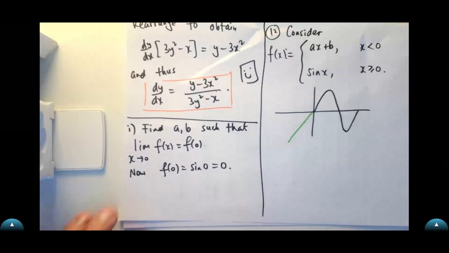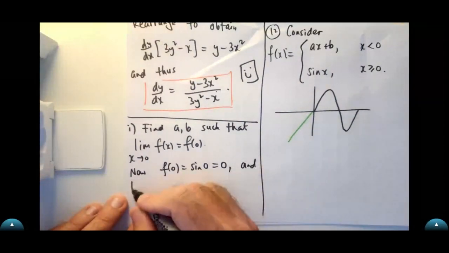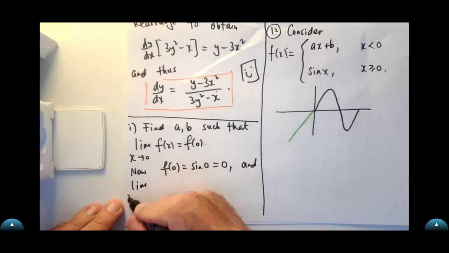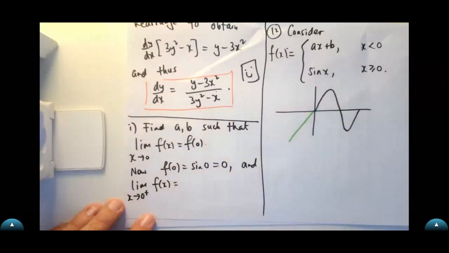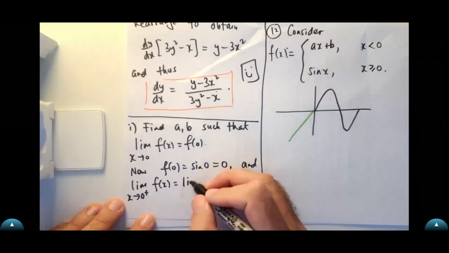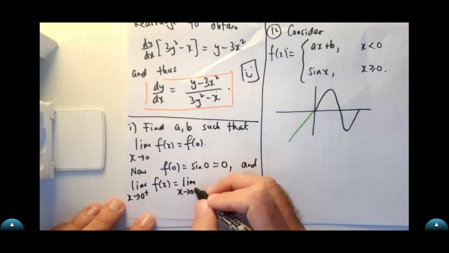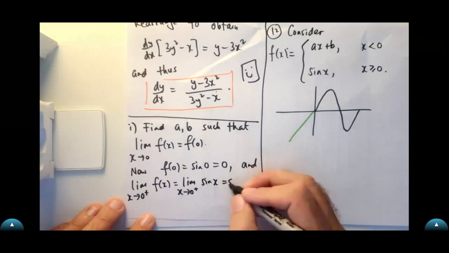Let's look at the right-hand limit. As we come in from the right, that's going to be our function, and that's also going to 0.